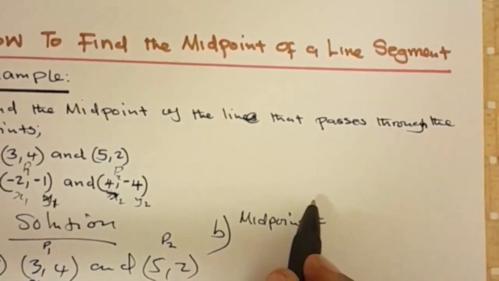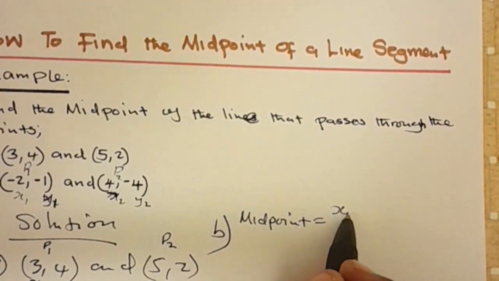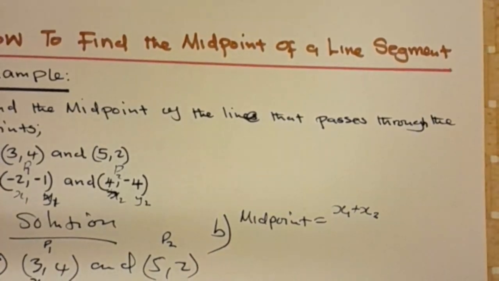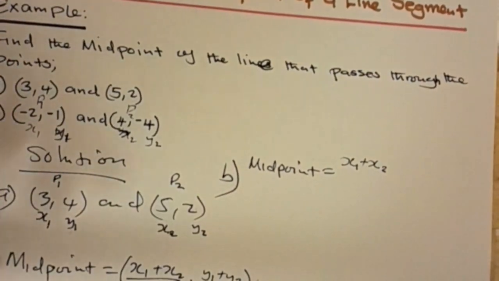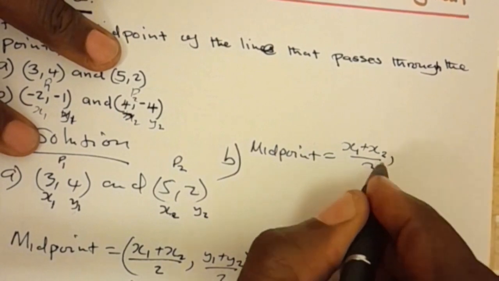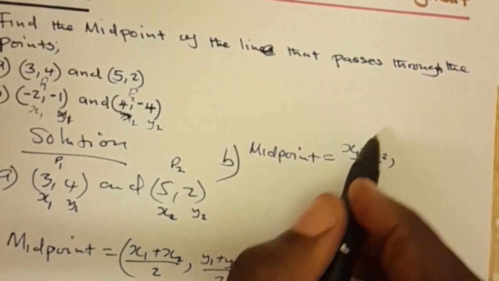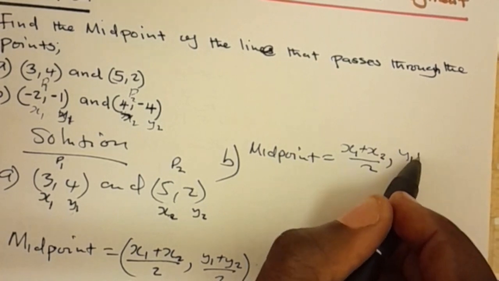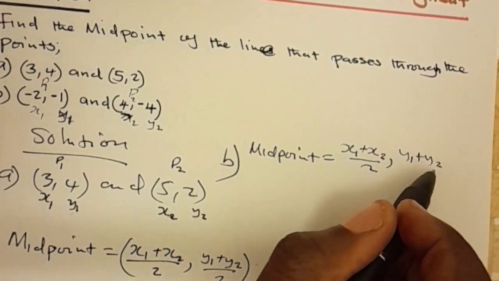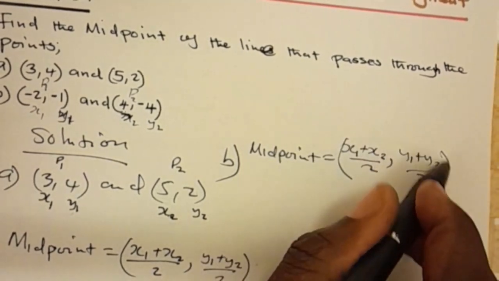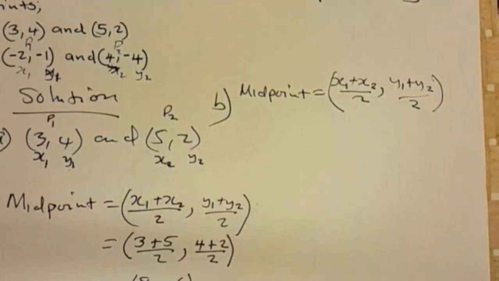So we're going to say x1 plus x2 over 2, comma, y1 plus y2 and everything divided by 2 like that, and everything in brackets.